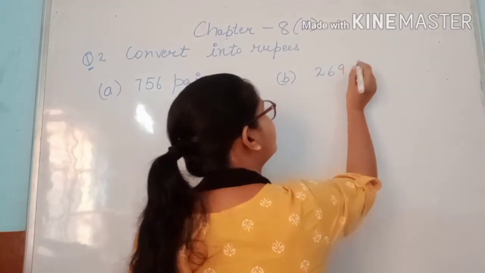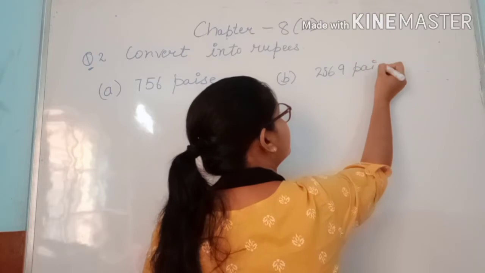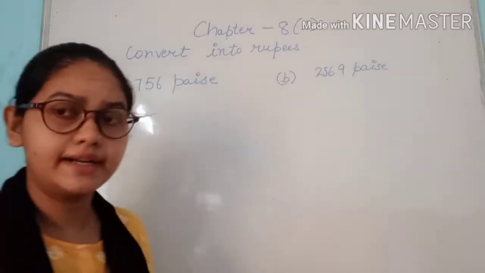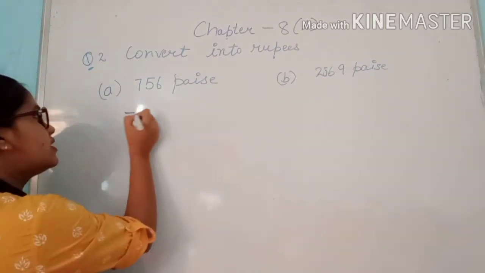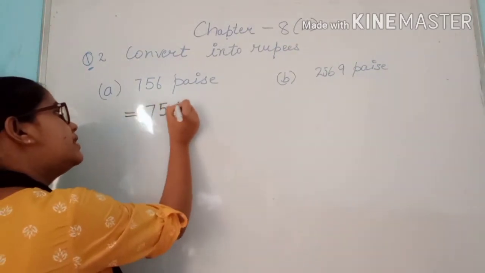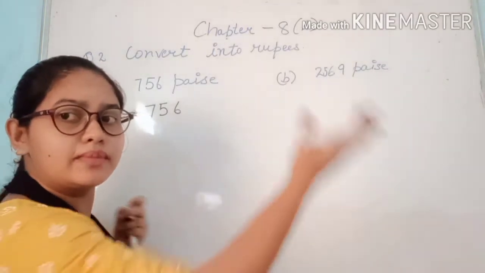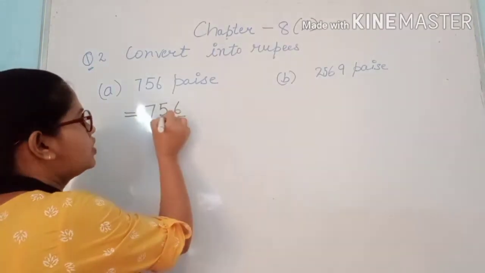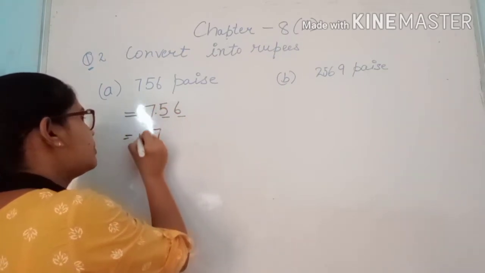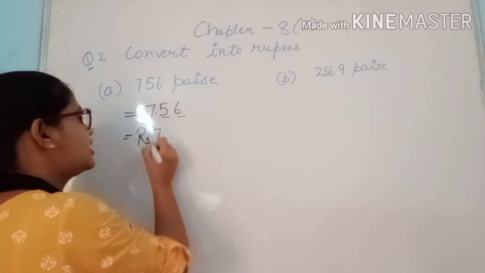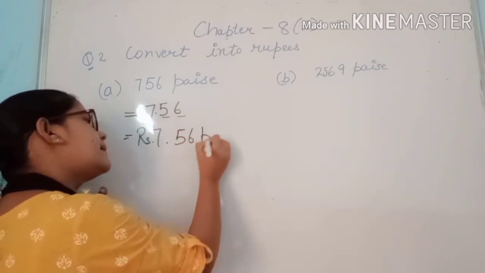We have done 569 paise, and now we have to convert it. As I said, we will write it first: 756. Now we have to count from the right side, 1, 2, and take a point here. So it becomes 7 rupees 56 paise.